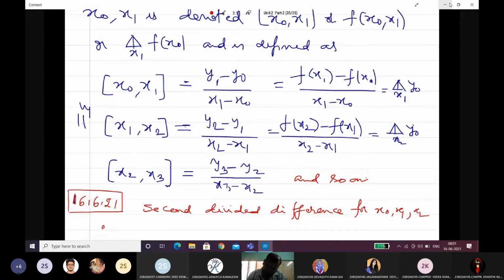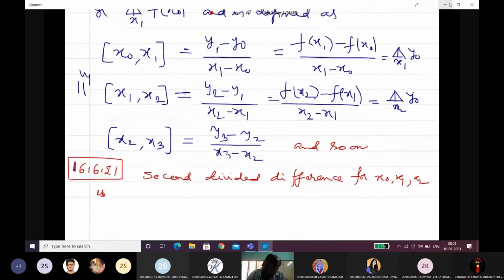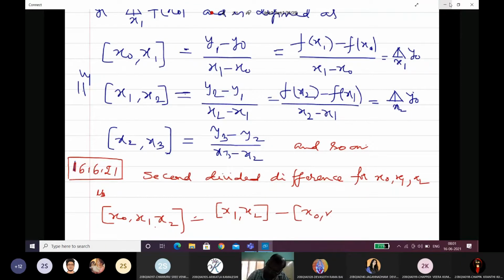We denote this as f[x0, x1, x2], which is equal to the difference of the first divided differences, that is f[x1, x2] minus f[x0, x1], whole divided by x2 minus x0. We will write this in another way on the next page.